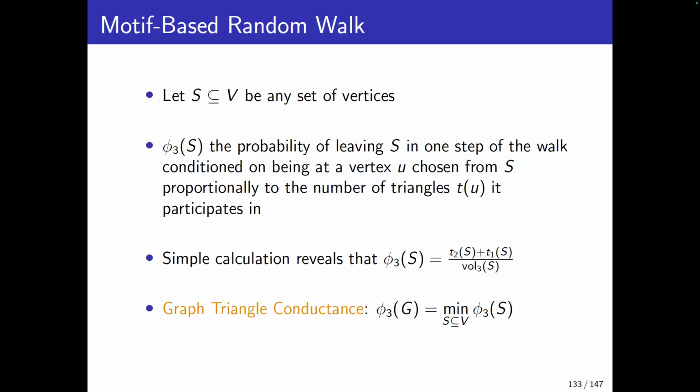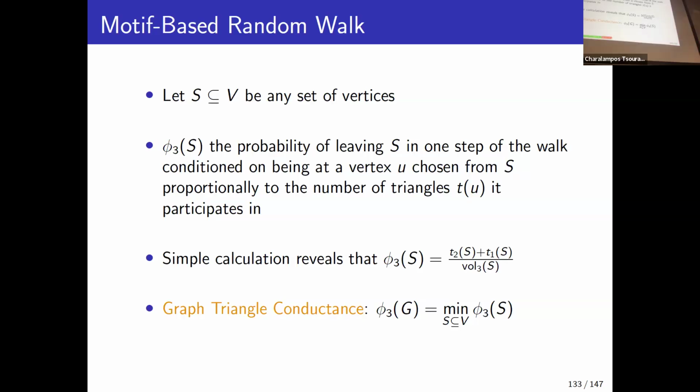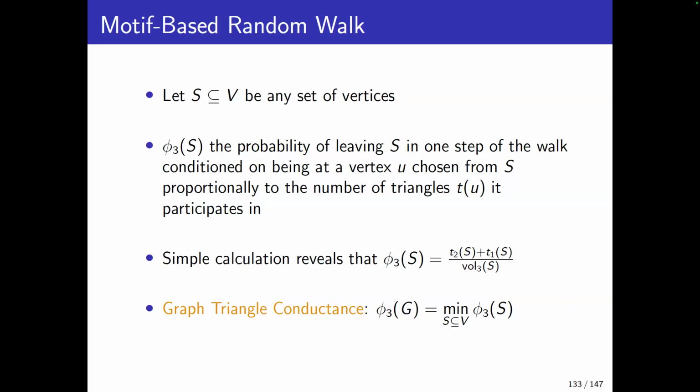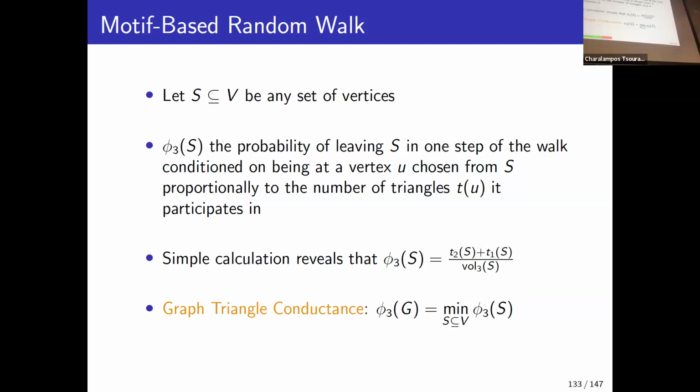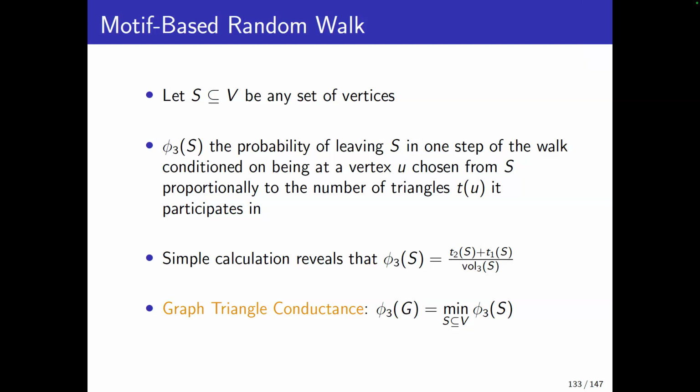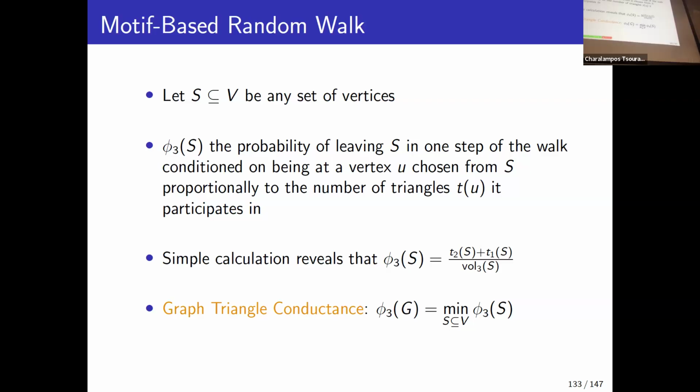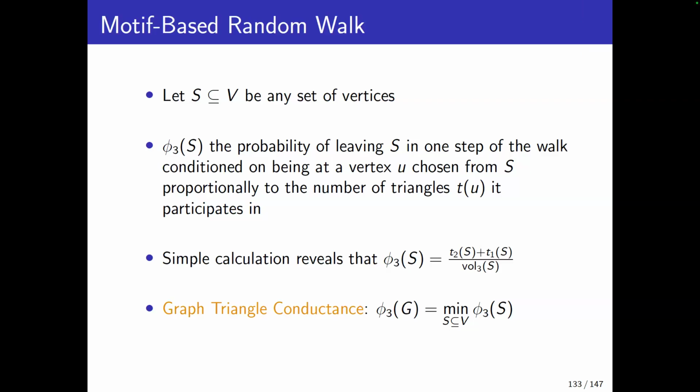So if I think of a new notion of conductance, which I subscript using the triangle size of a clique, 3, phi 3 of S, the probability of leaving S in one step of the random walk conditioned on being at a vertex chosen from S proportional to the number of triangles. So I'm extending the definition of conductance to the triangle conductance.